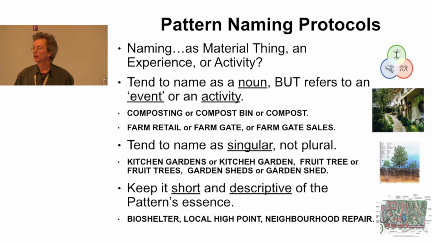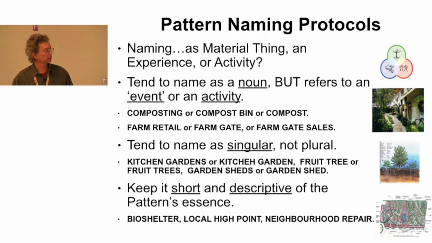So, personally, you can choose whichever one you want. You can create your own language. Personally, I would choose compost because it's singular, it's a noun, but it also can kind of harken back to a verb of some kind, an activity of some kind. You know, I'm going to compost now. So we tend to use compost.